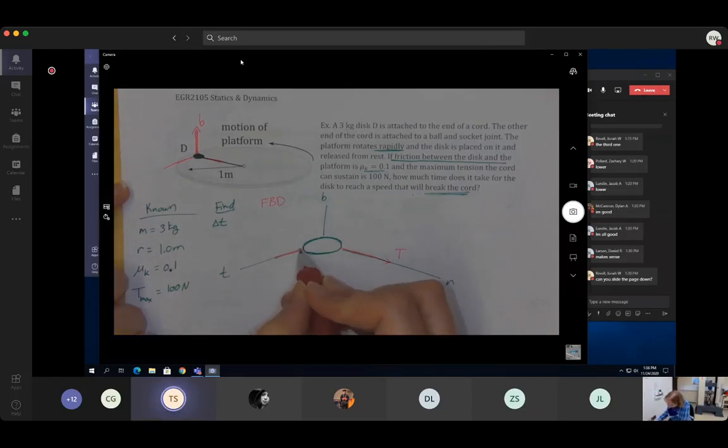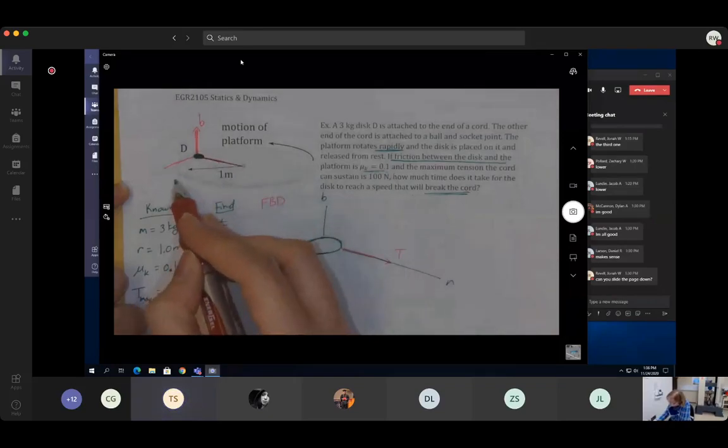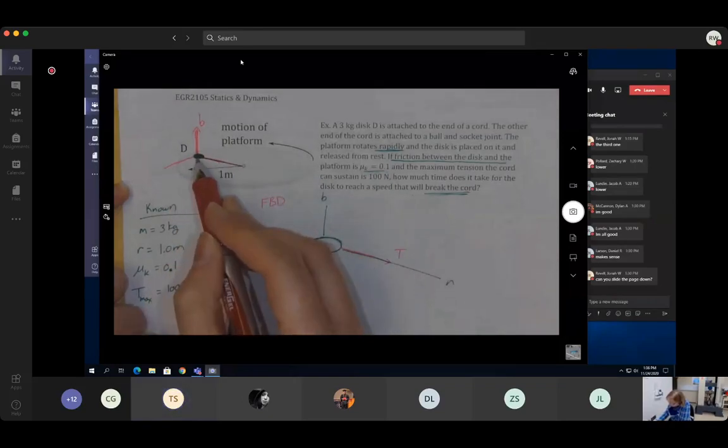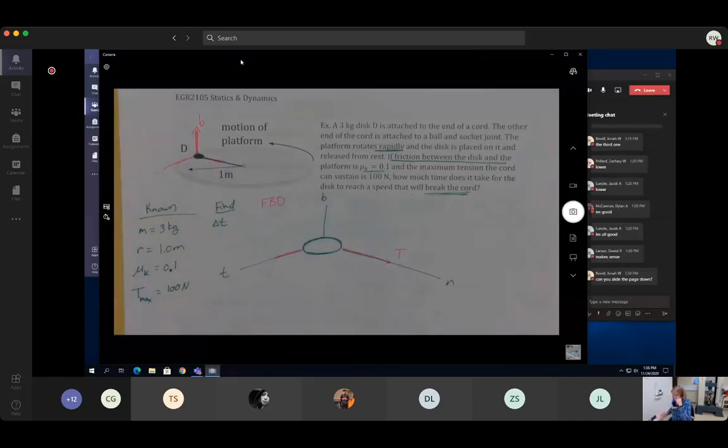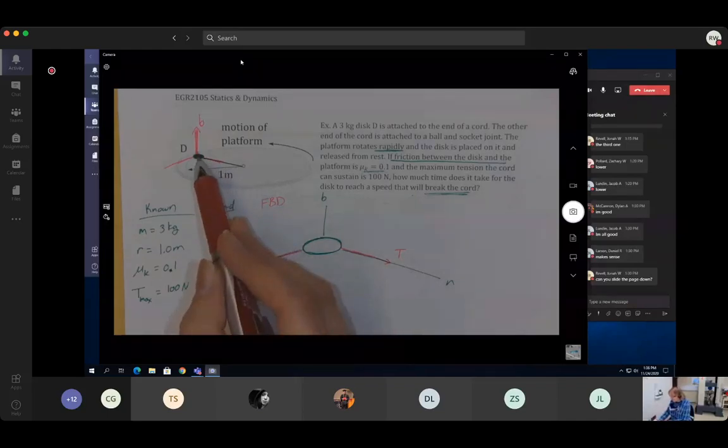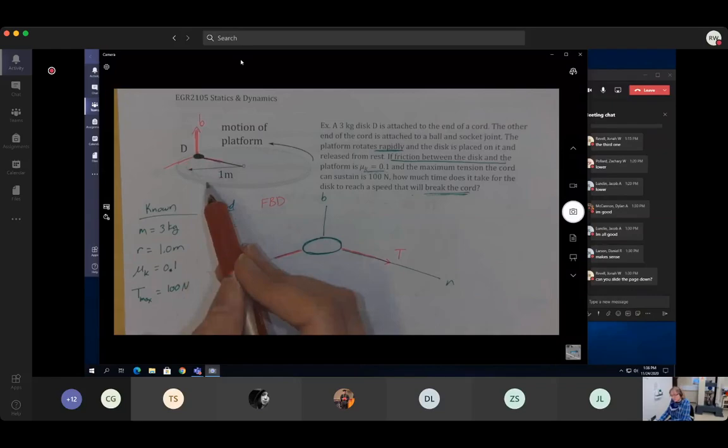Yeah, so if our platform's rotating this way, the piece we have to keep track of is where things are moving and how forces are acting. If there's friction between the disk and the platform, it's actually going to tend to carry the disk with it.